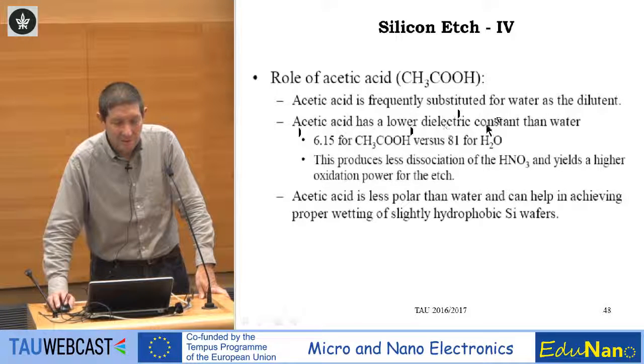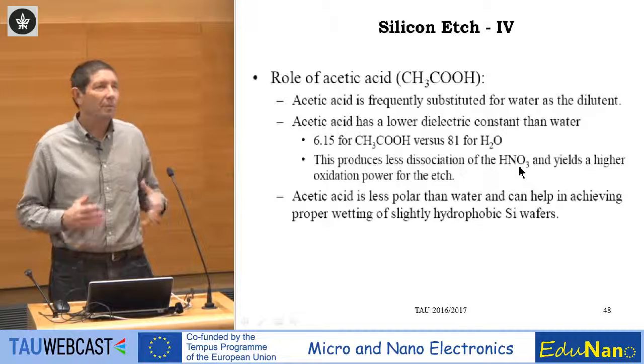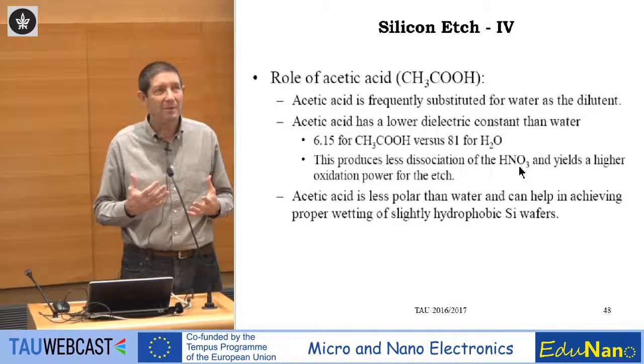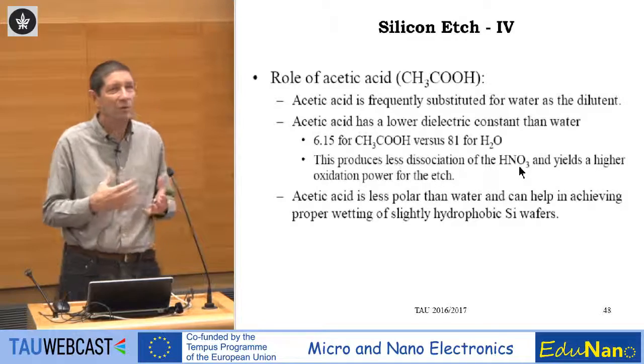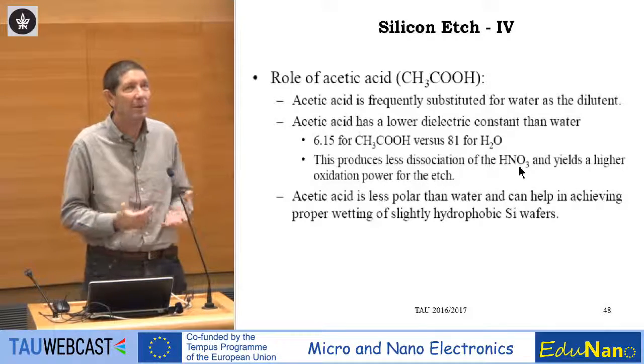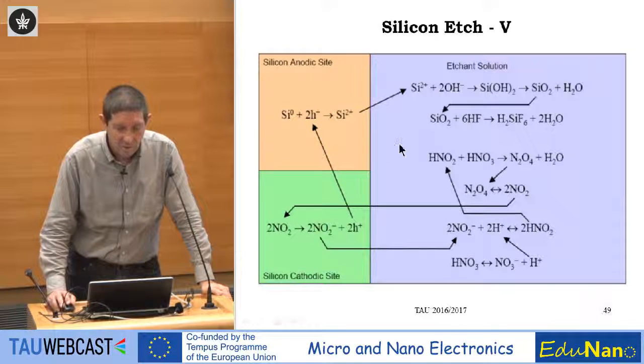Acetic acid has a lower dielectric constant than water. The dielectric constant of acetic acid is 6.15, while water is about 81. This produces less dissociation of the nitric acid. So by putting organic acids into solutions, we change the electric properties of the electrolyte and change the electrochemical nature of the solution. So enough with chemistry.